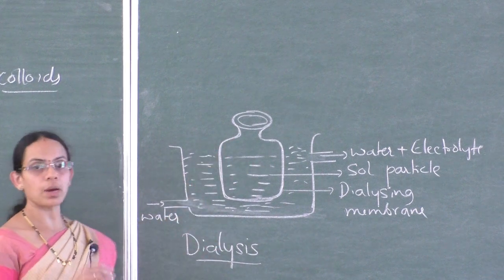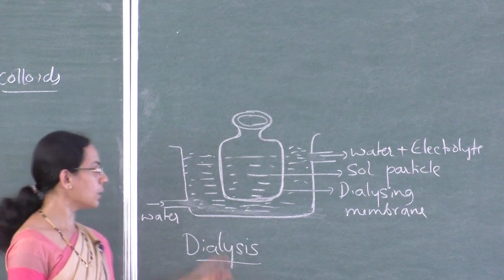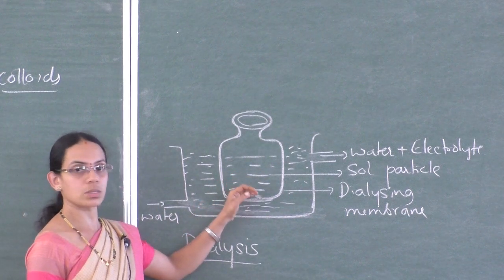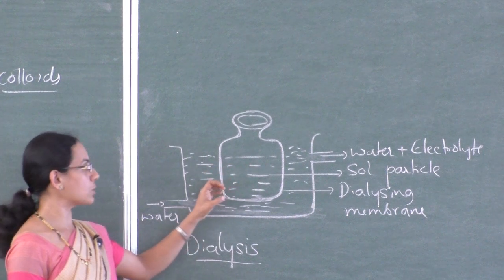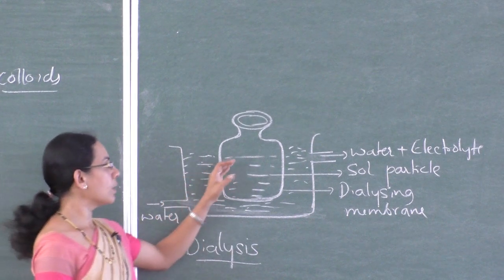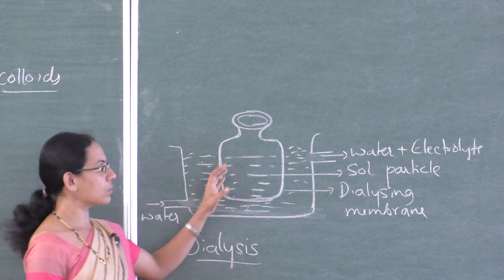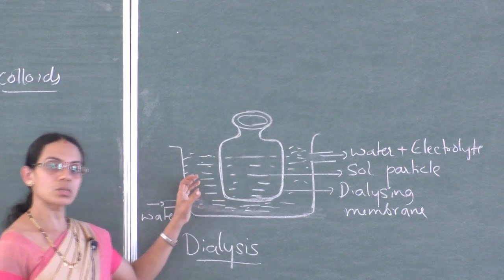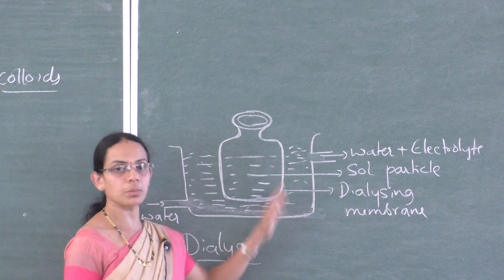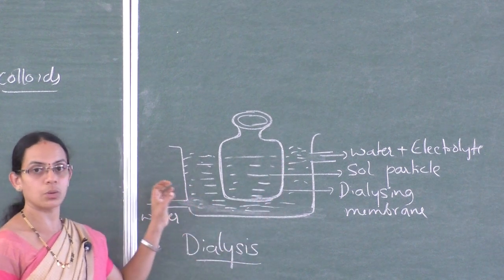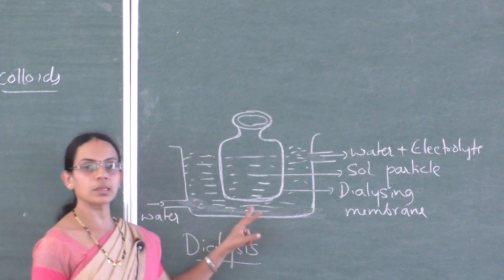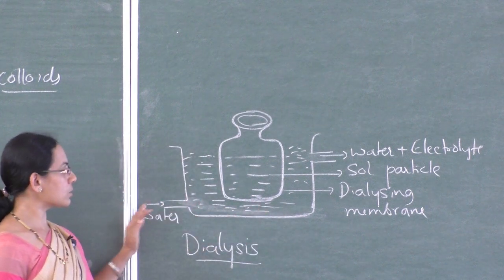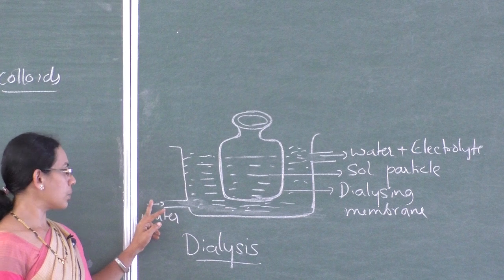The bag is made up of parchment membrane or animal membrane in which the impure colloidal sol is taken. It contains small ions or molecules and also some amount of electrolyte, and the small ions and molecules can pass through that animal membrane, but the colloidal particles cannot pass through it. This bag is placed in the vessel containing water through which a continuous flow of water is passed.